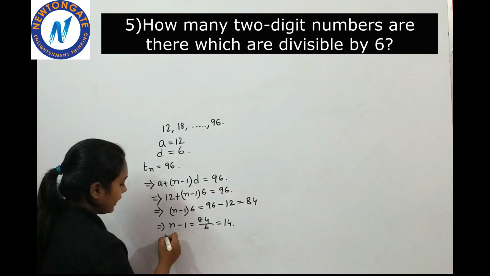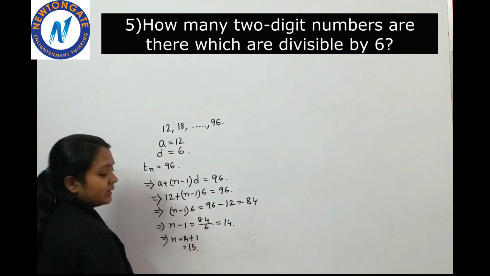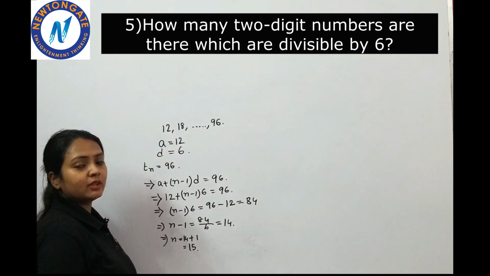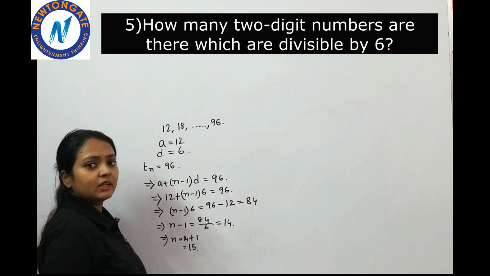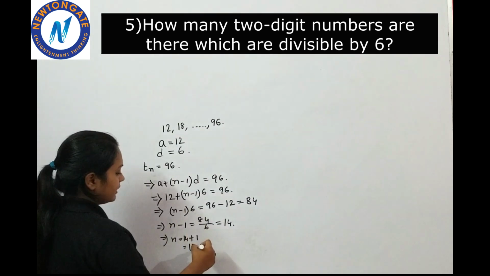Then n equals 14 plus 1 equals 15. That means there are 15 2-digit numbers that are divisible by 6. Okay? And this is the answer.